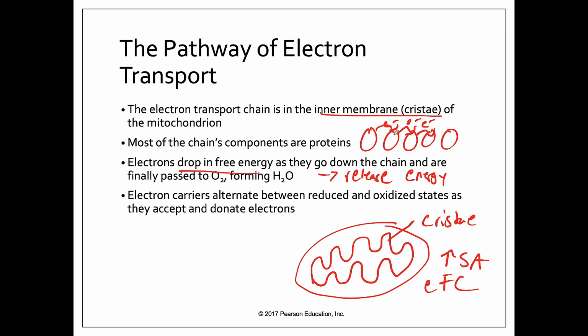You'll notice that every time an electron moves, we're going to have a redox reaction because the one that is donating the electron is going to be oxidized and the next one in the chain is going to be reduced. So we often call this a series of redox reactions because that's literally what's happening. We're just passing electrons from one protein to the next.